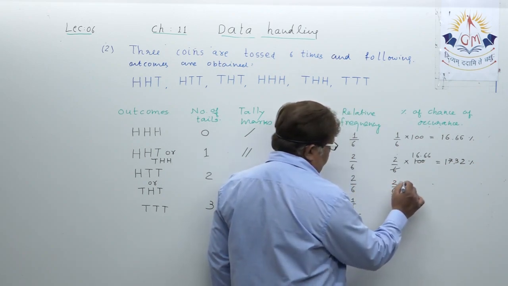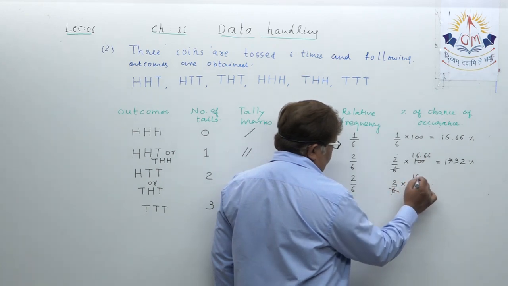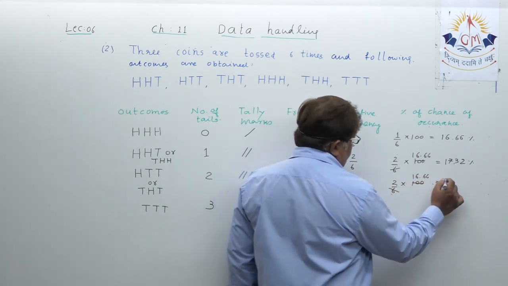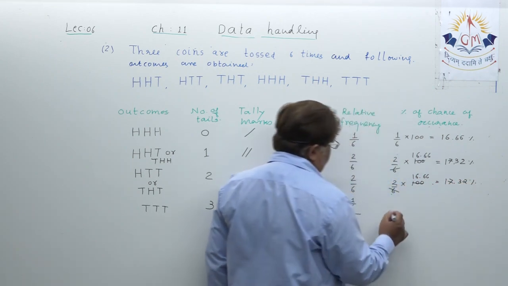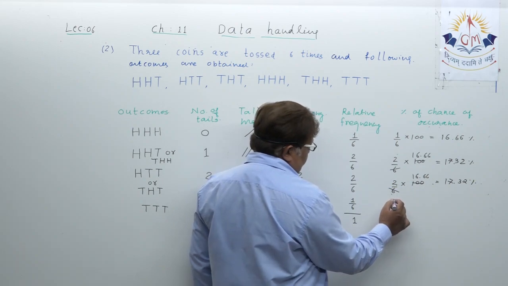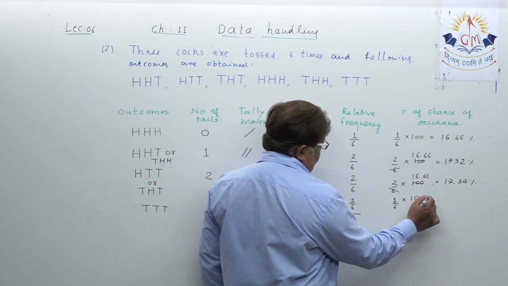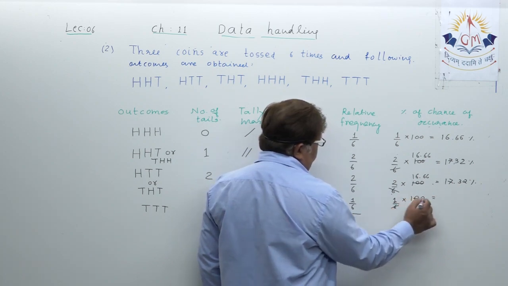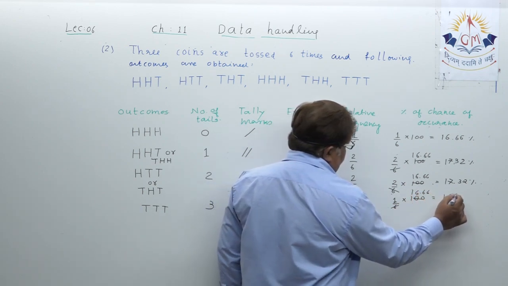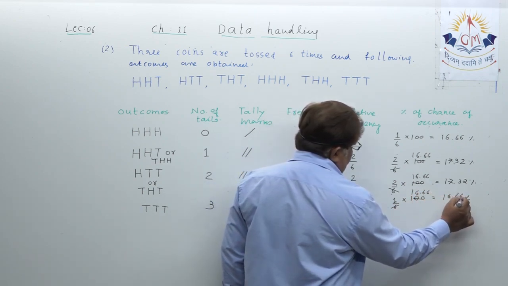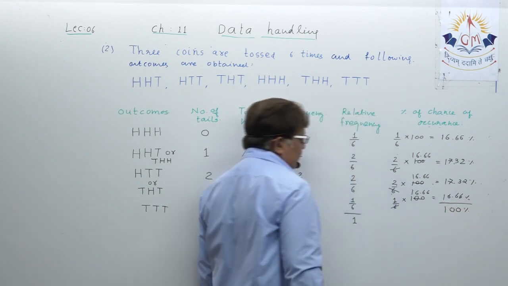Again 2 upon 6 into 100, just cancel. 17.32%, and 1 upon 6 into 100, similar to the previous, 16.66%. Total always turns out to be 100%.